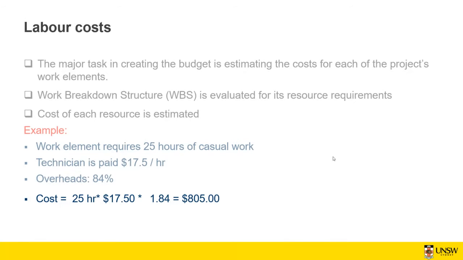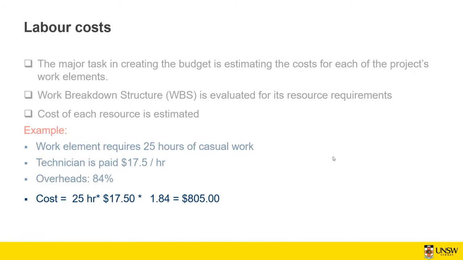So you cannot exactly say how much percentage you need to consider, but organizations mainly have some percentage of overheads. So this 84% is perhaps in the higher range; it can be from 20%, 30%, up to 100%. And this is based on the organization, so it can be different.